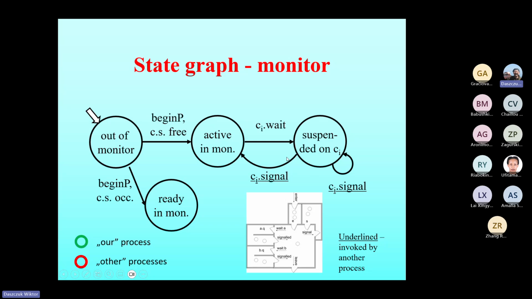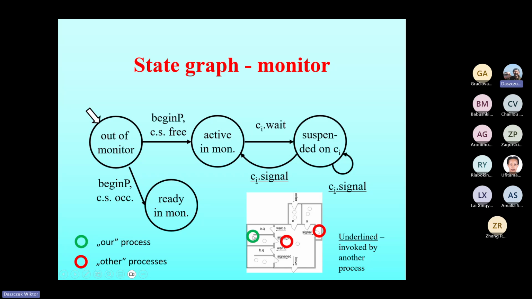However, if there is more than one process waiting on condition CI, one of them is resumed, and the rest are still waiting. This shows this situation.